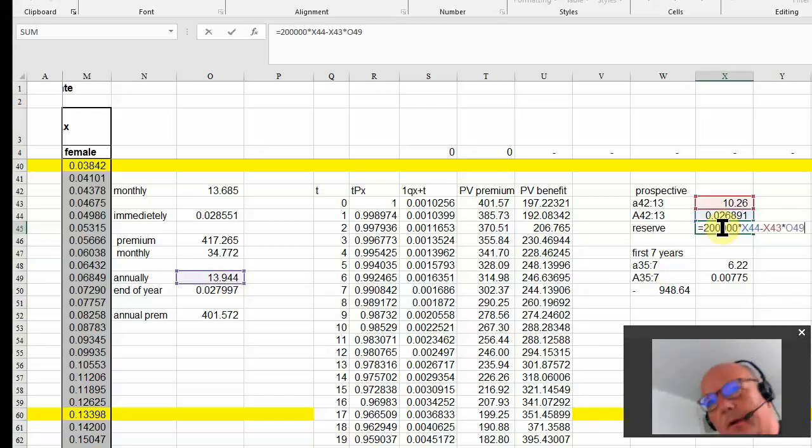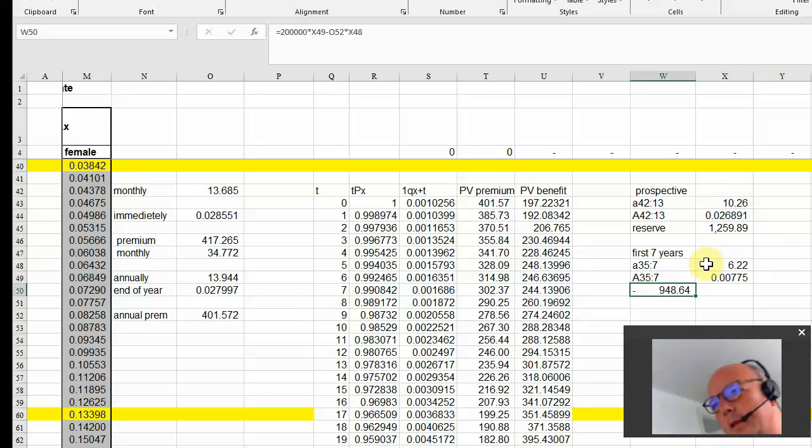I've linked that incorrectly, haven't I? That should be the 401. Okay, so that's my reserve there, 1,259. So I've got 200,000 times the assurance plus the annual premium, doing it annually, times the annual annuity. Here I've got the annual annuity there, the assurance there, and I've got again the 401 times the annuity and the 200,000 times the assurance.